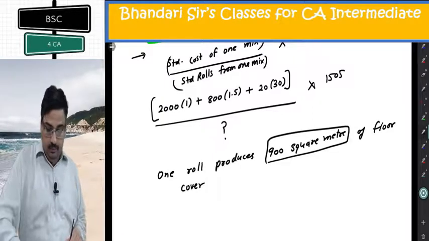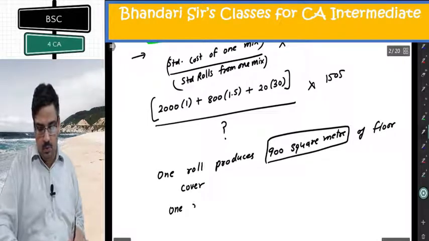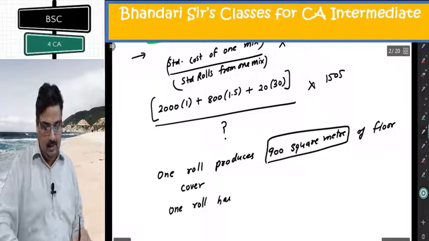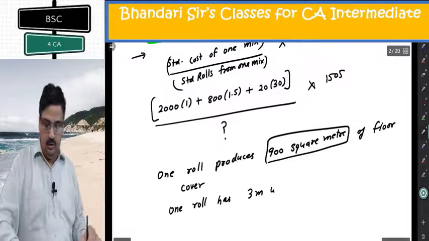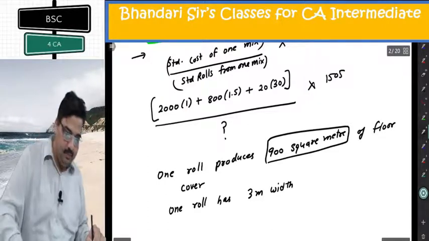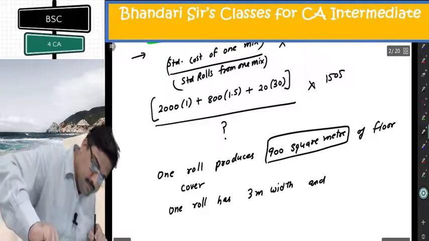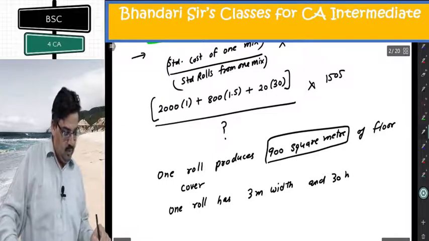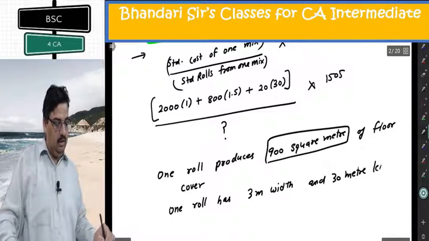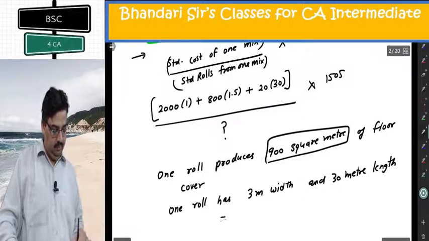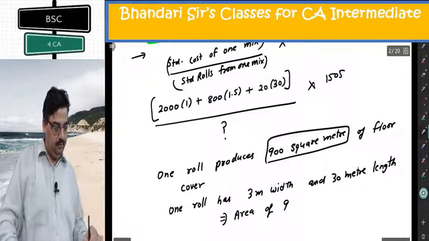One roll has 3 meter width and 30 meter length, implies area of 90 square meter.